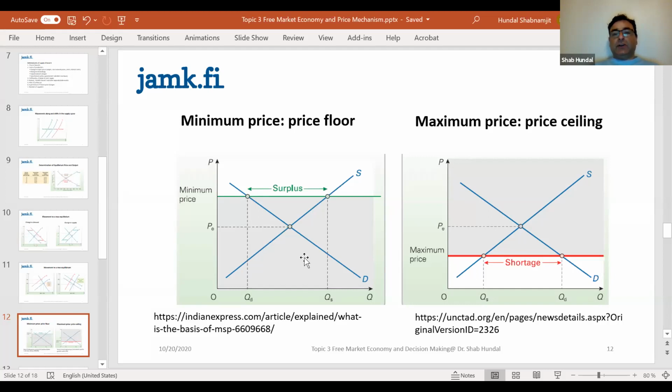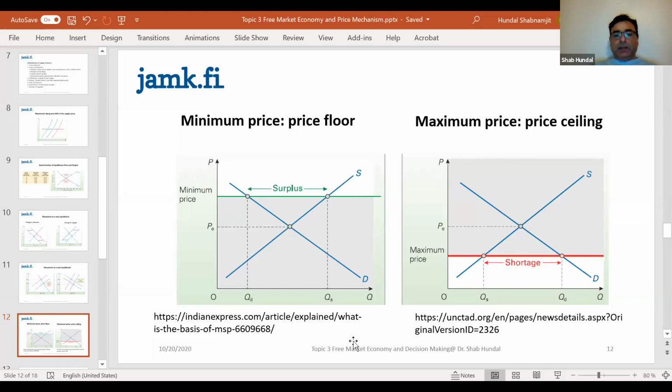That is not a tenable, not a very sustainable situation for anybody. That would create all other types of problems in the economy. Therefore, the state has to mildly intervene in the economy by fixing the maximum price and fixing the minimum price. Okay, we had a discussion about it.